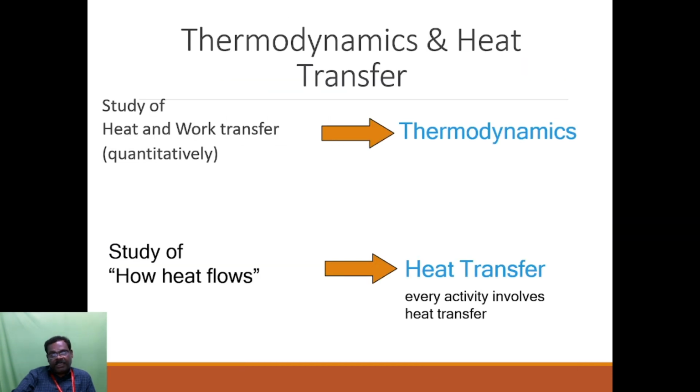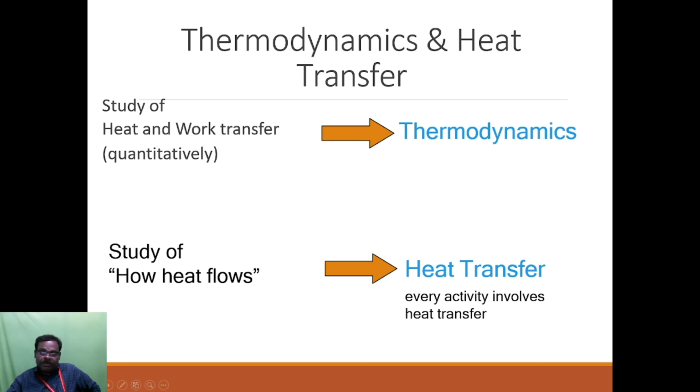In heat transfer, heat is transferred from one place to another or from one area to another. What you are going to study is why heat is transferred, due to some problem or to get some work energy or other energy, and how heat is transferred.